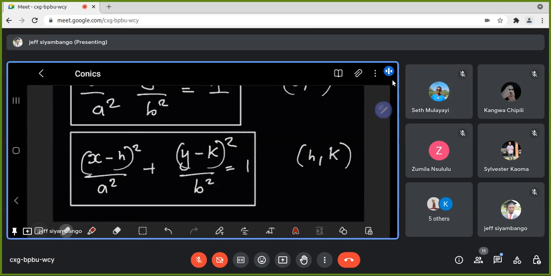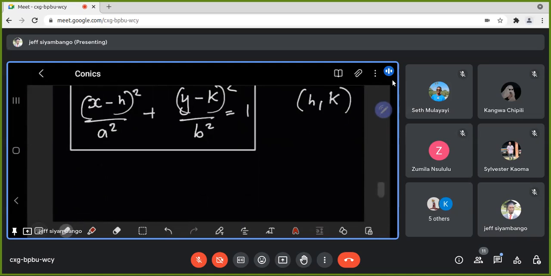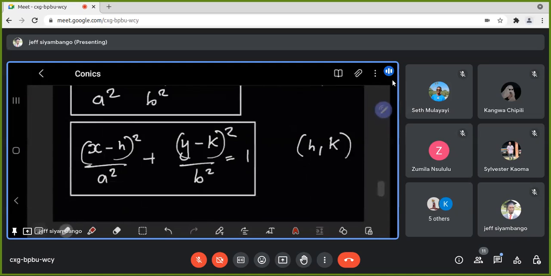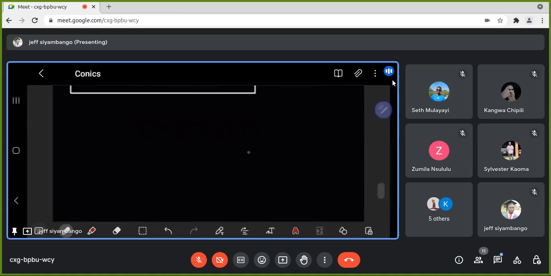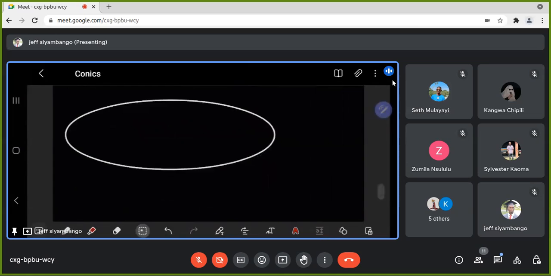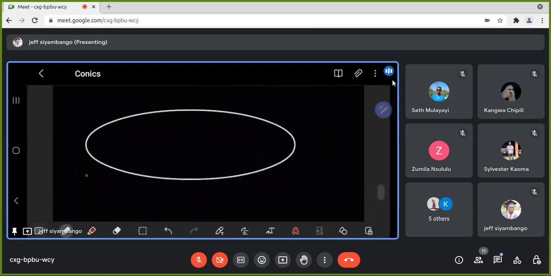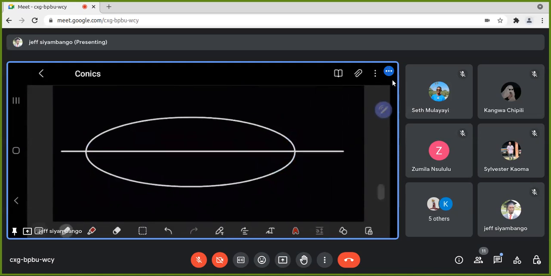Now, what is A here and what is B here? The ellipse that we are describing with these formulas is more of a horizontal egg, if I would call it that. So we have the x-axis passing like that, and the y-axis passing like that.